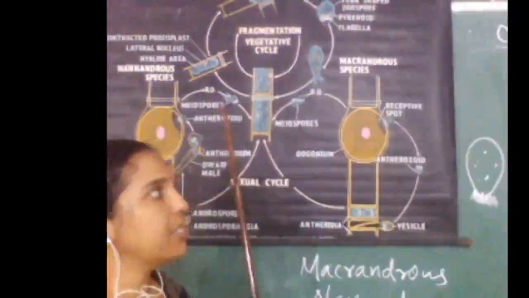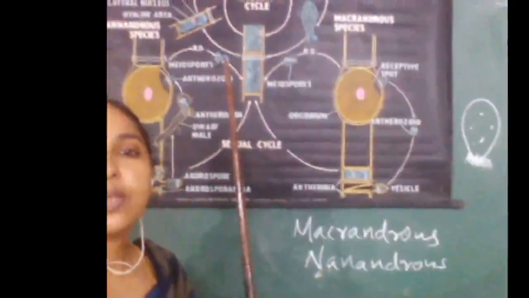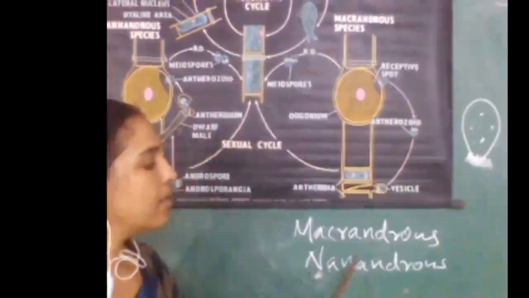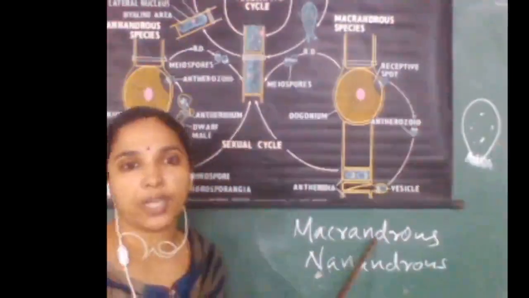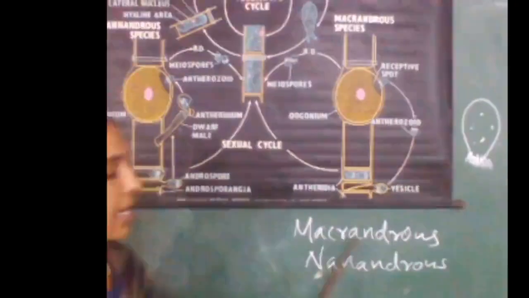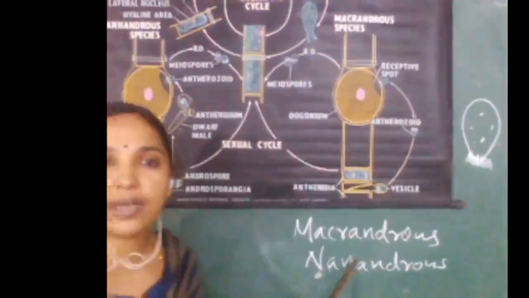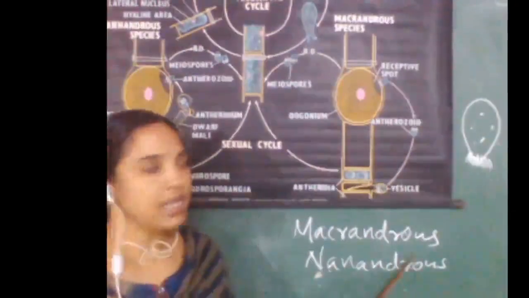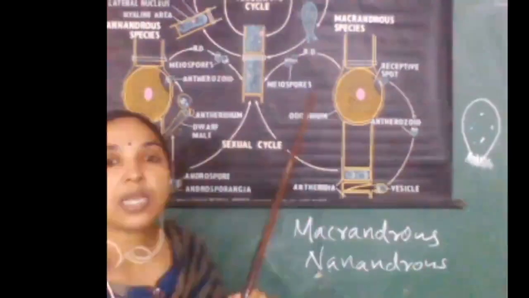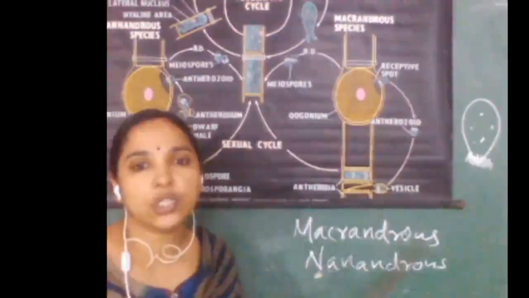This is arranged based on the type of reproduction. Clear? See how this reproduction differs in these two species.